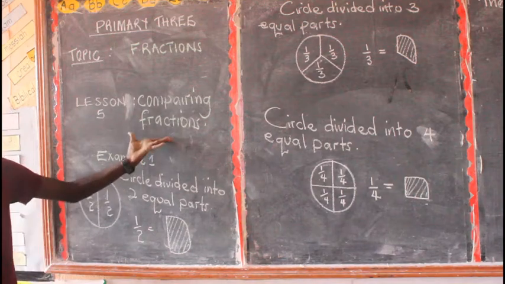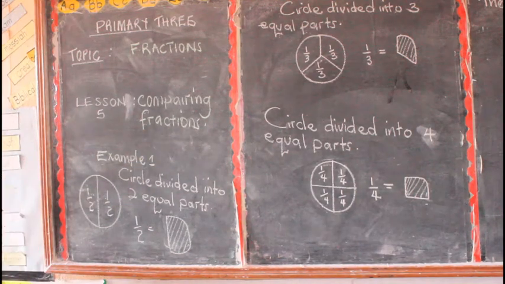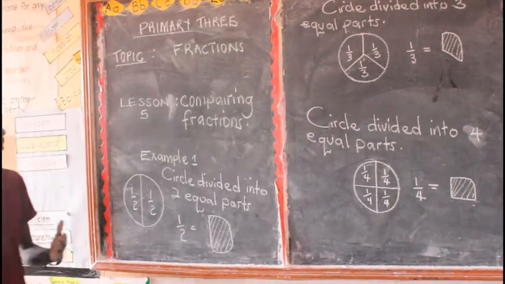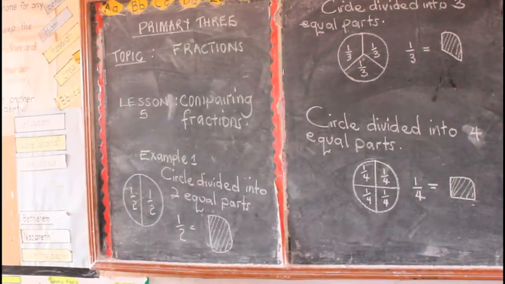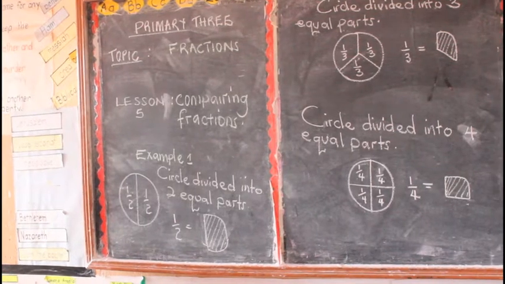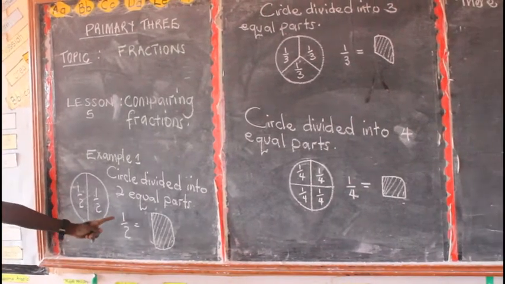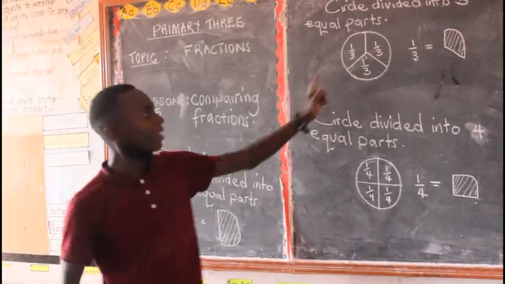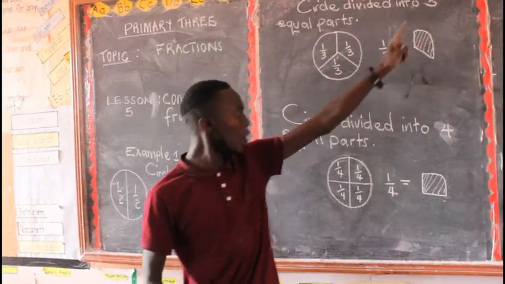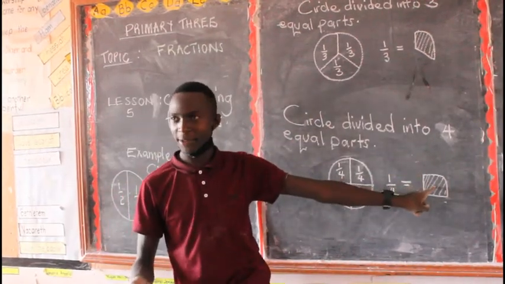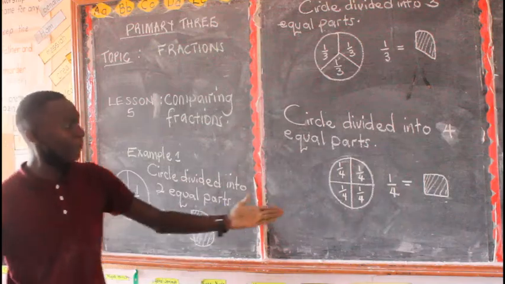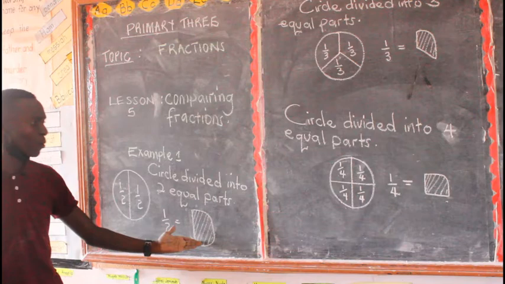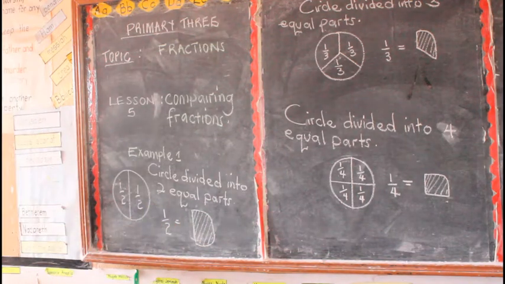Now, we are looking at what we call comparing fractions. Let us compare these fractions. This is 1, this is 2, and this is 3. If you try to compare these 3 fractions, you can understand that this half is bigger than this one, and this one is also bigger than this one. So how are we going to compare?